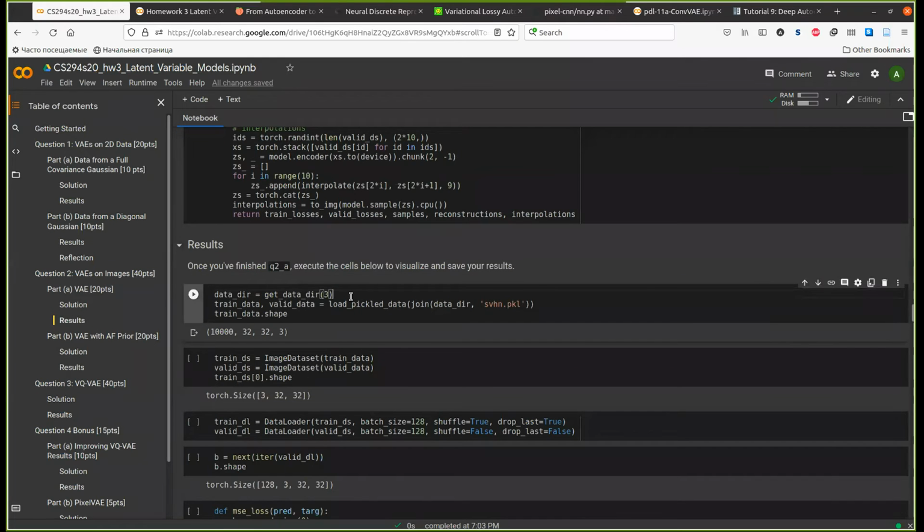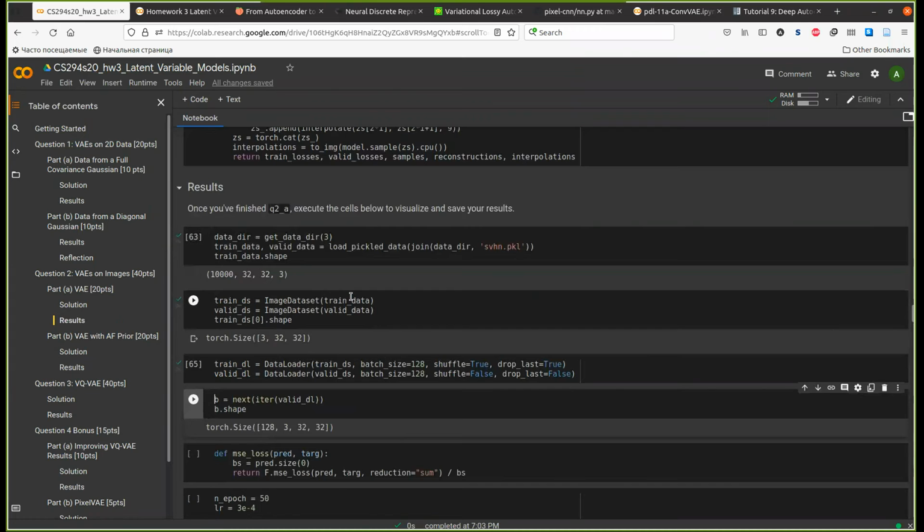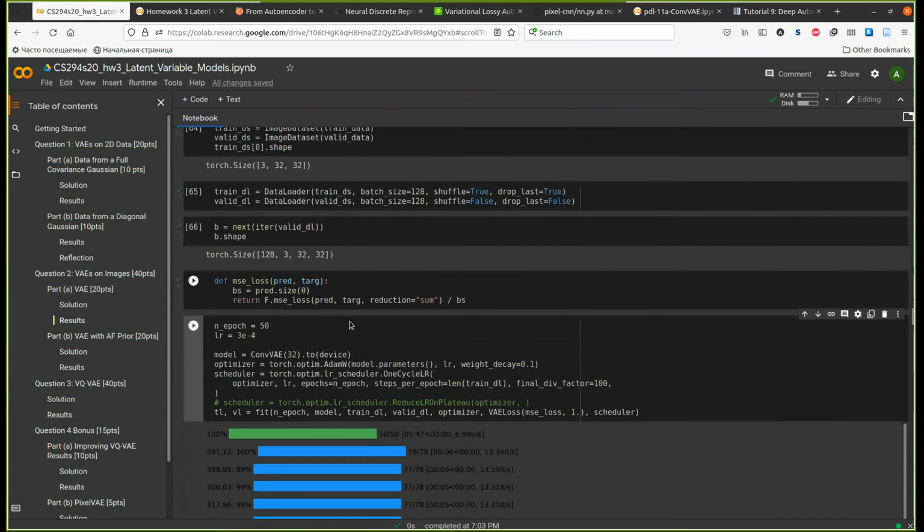Now let's train a model. We are using a slightly modified mean squared loss here. We want to average across the batch dimension, but sum over all of the other dimensions.